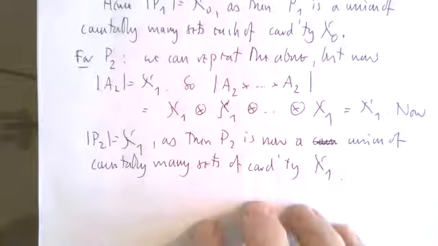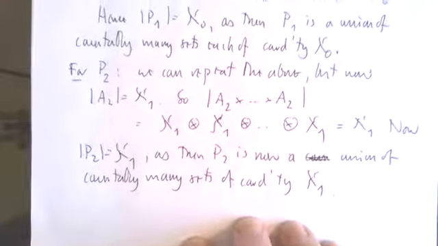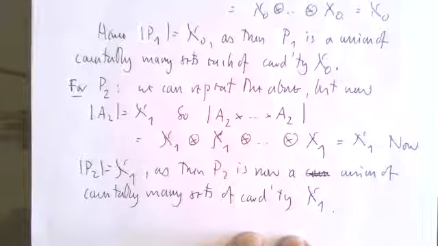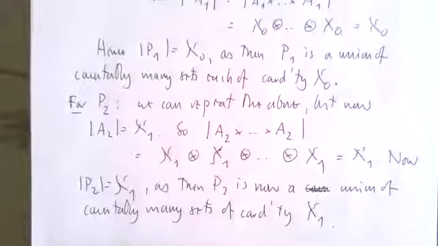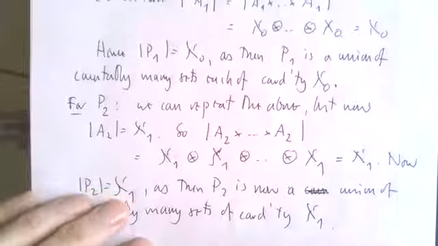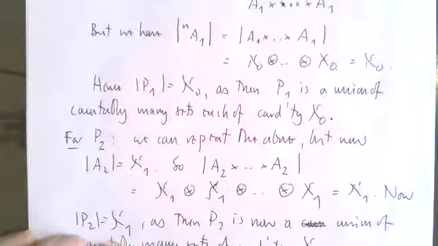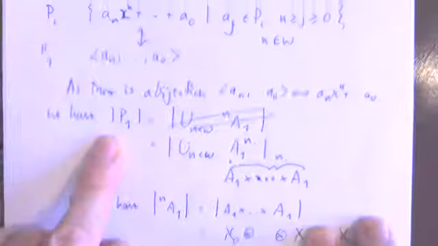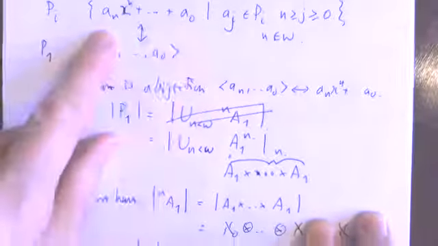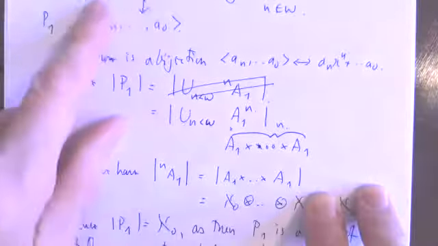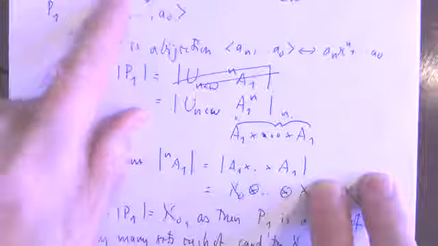I mean, the way to think of what P1 is, of course, it's the collection of these polynomials, but anything in P1 is determined by the sequence of coefficients.